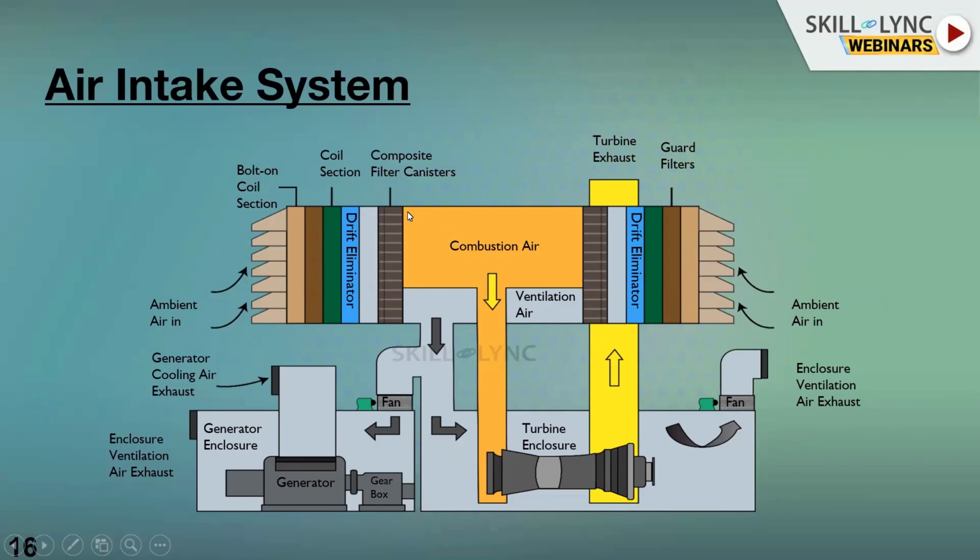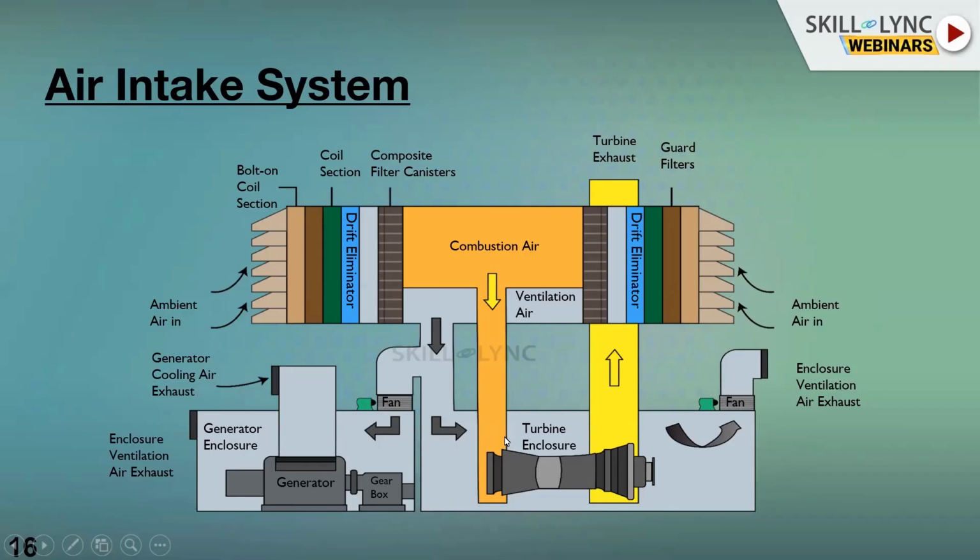Once the air gets sucked in, we want the air to be used for both combustion as well as ventilation purposes. A separate chamber is designed for combustion, so that air is directly injected into the gas turbine. Before it is injected into the gas turbine, there is usually a FOD screen. A FOD screen is nothing but a screen which protects the gas turbine from foreign object damage.